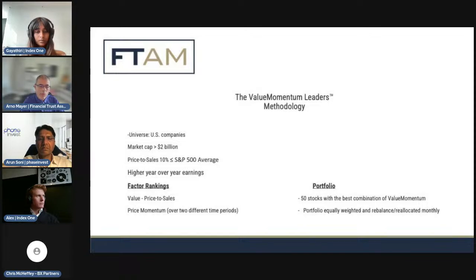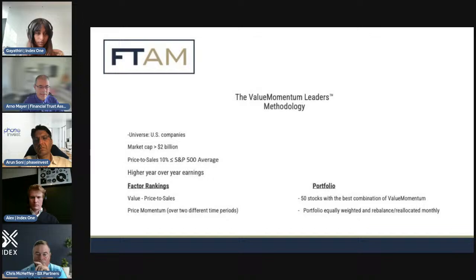Then next, we rank all the names based on price momentum over two different time periods. A lot of it is based on academic studies of what those two different time frames are. From there, we'll get the ranking and we'll buy the top 50 names with the best combination of value and momentum, which we will then equally weight in the portfolio, and we'll rebalance on a monthly basis.